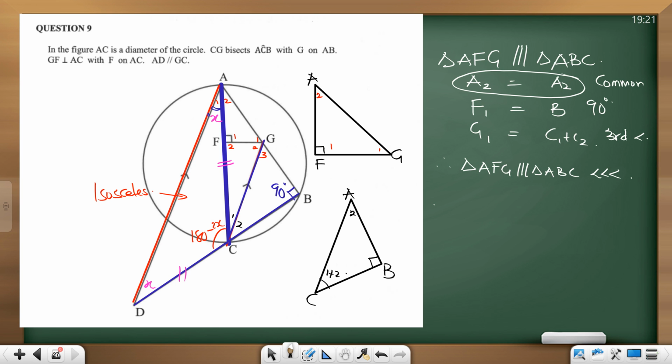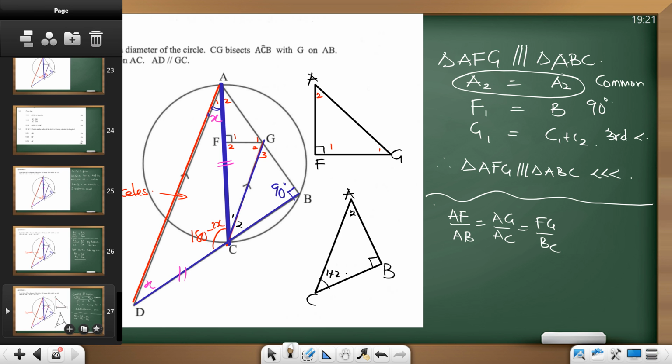And then I told you, immediately after proving your similarity, what do you do? Write your ratios. I am not even checking the next question. It's my ratio: AF over AB, AG over AC, FG. I don't know if I'm going to use it, but just write it down. You have not committed any crime by writing that down. You haven't done anything wrong.